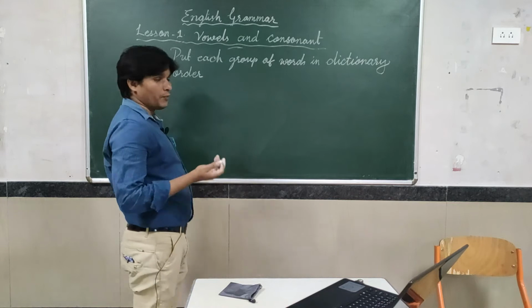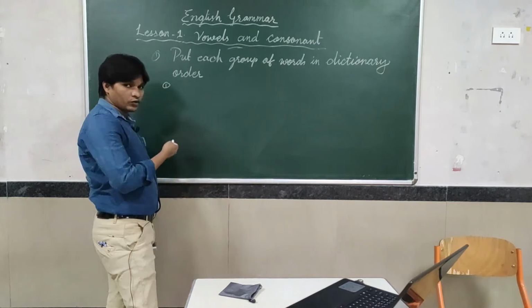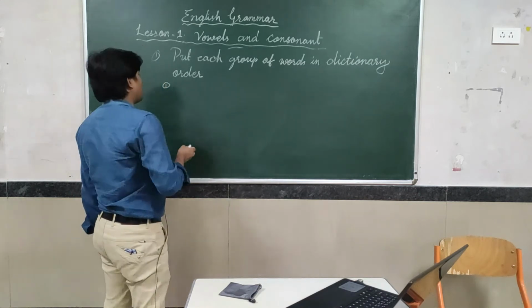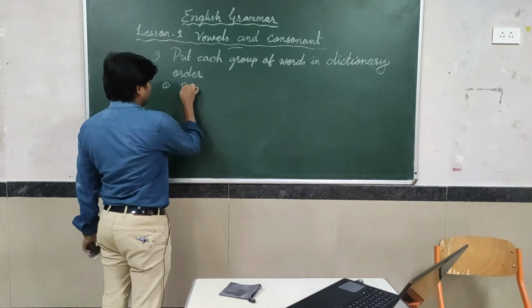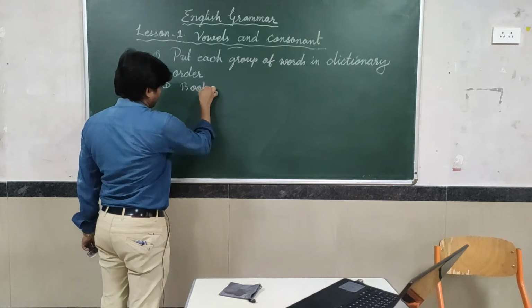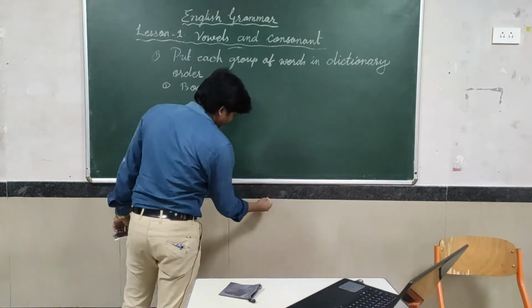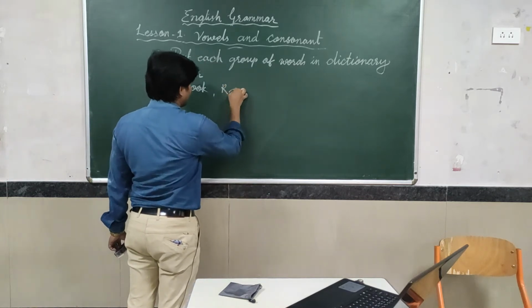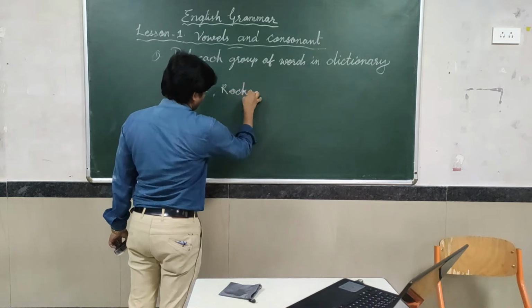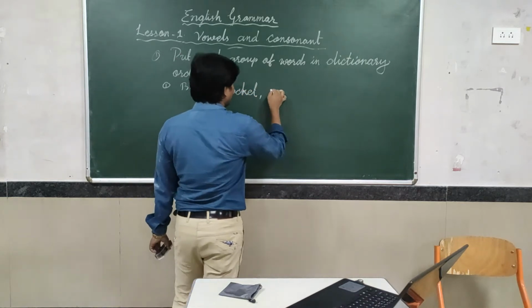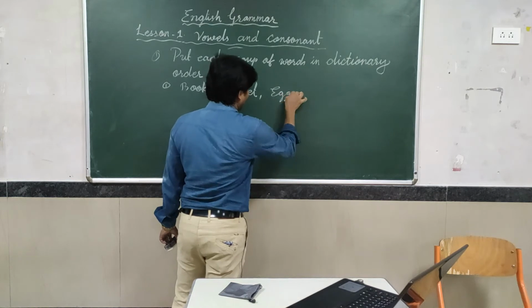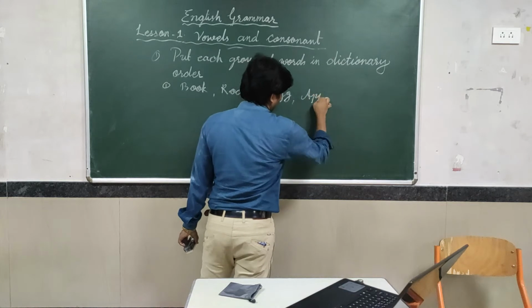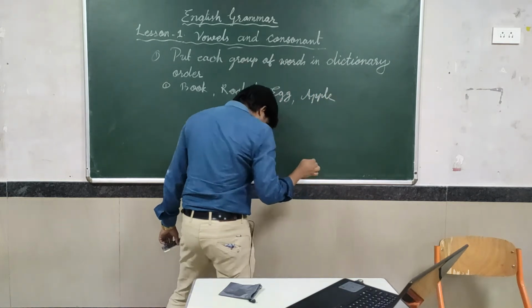So for example, I will give some words and I will solve, and according to my solution we also have to solve. Just like, say, book, next I will write rocket, next I will write egg, next I will write apple.